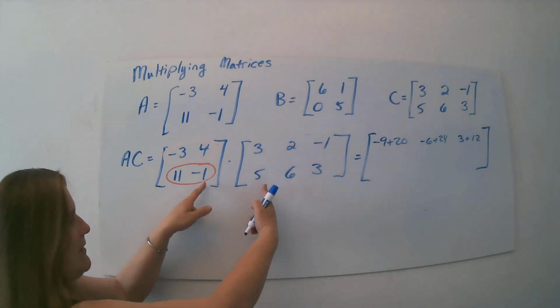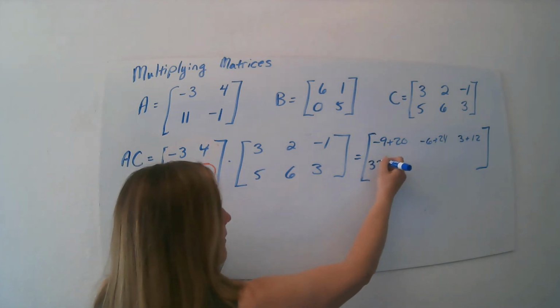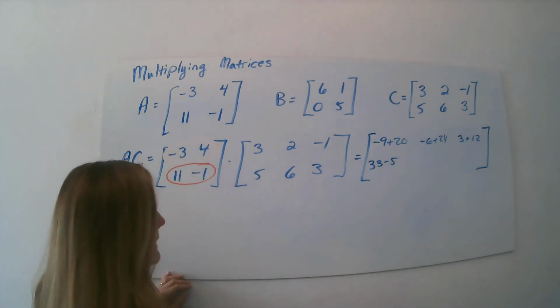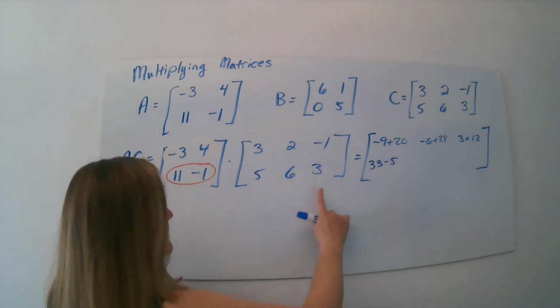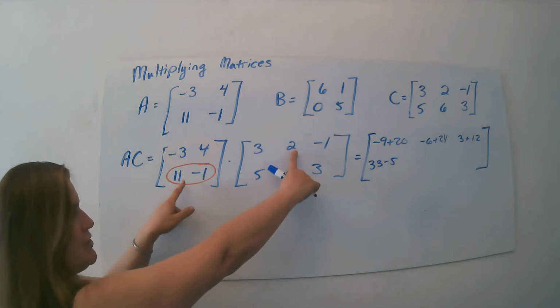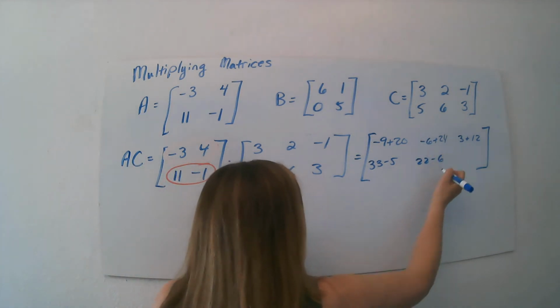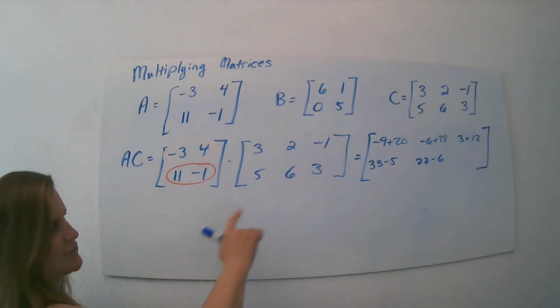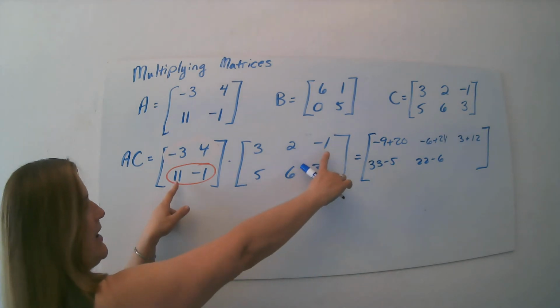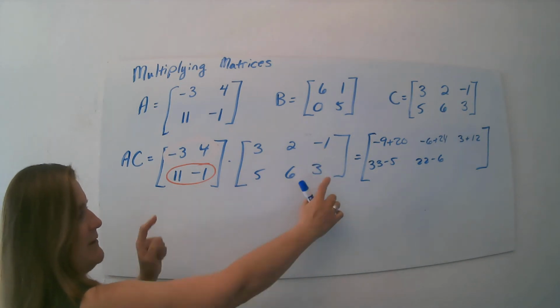So 33 minus 5. Next entry. 22 plus -6. Last entry. -11 plus -3.